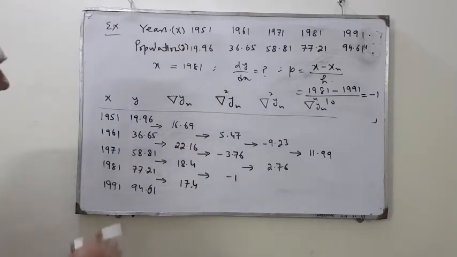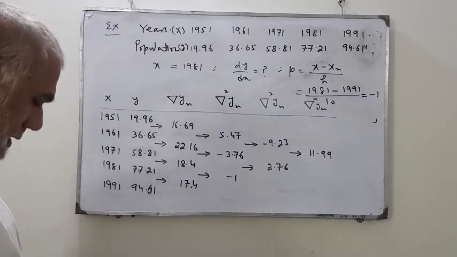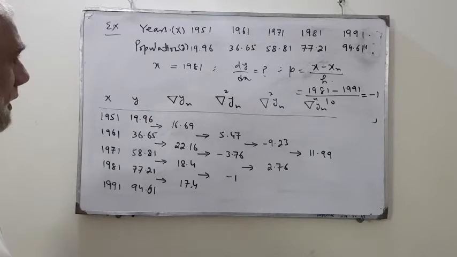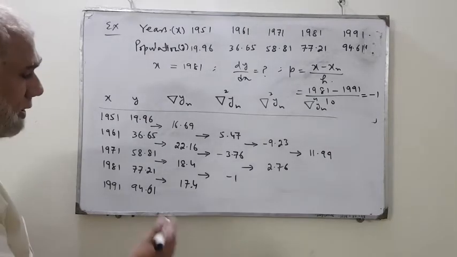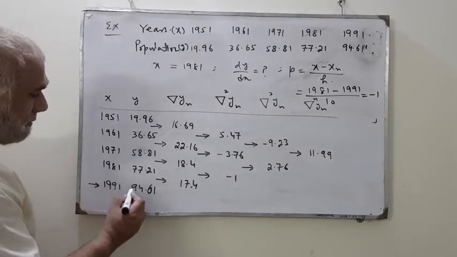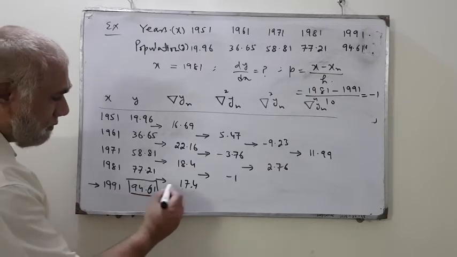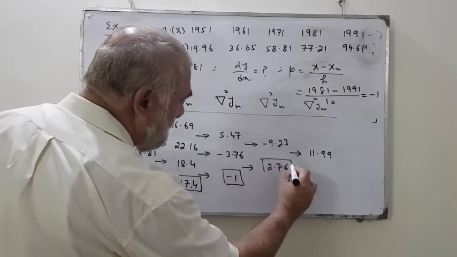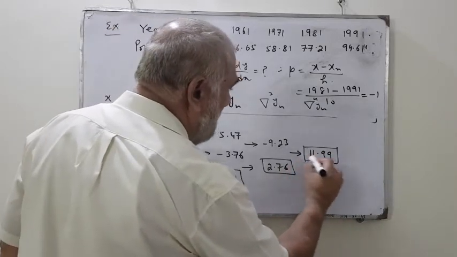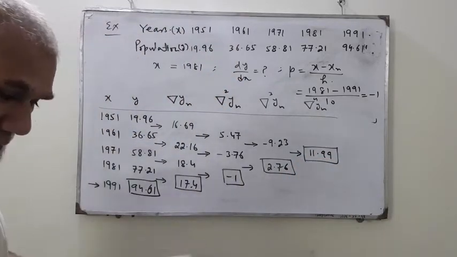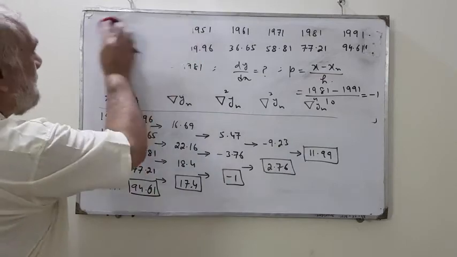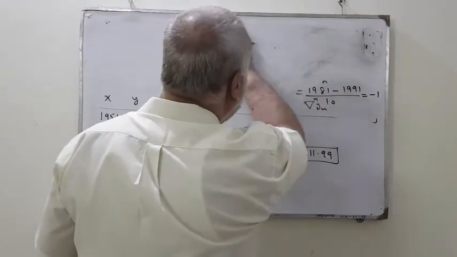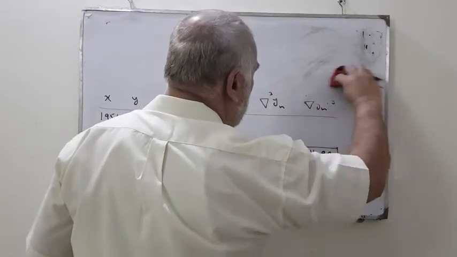So here you can see we constructed the difference table, and because we are using the backward formula, we have to highlight the values. We start from here, and the values which we can use, I put them into a box. So after writing these, let's write them separately to make the idea clear.